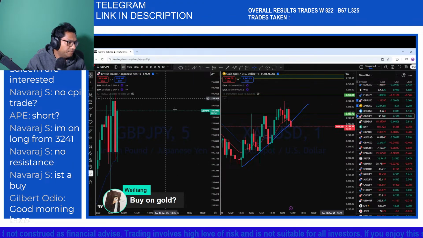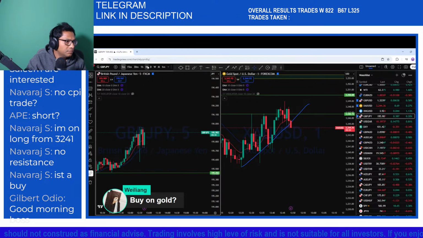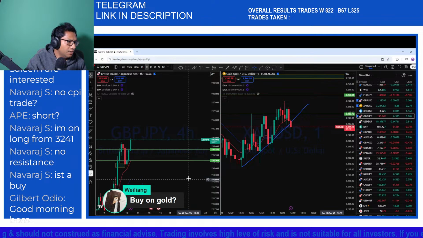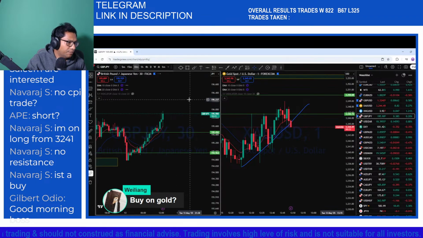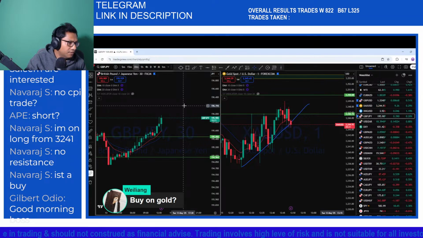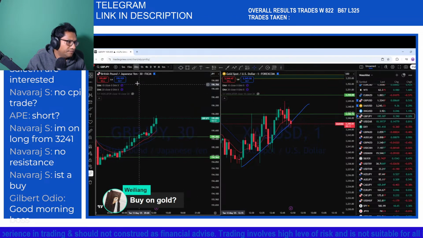GBPJPY. GBPJPY is currently having an uptrend. So you can see that it's in an uptrend.